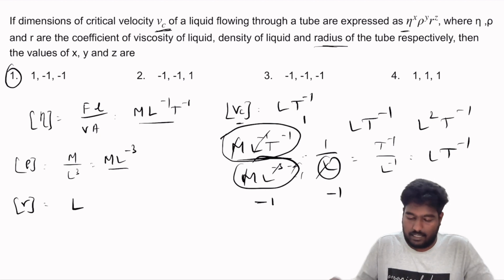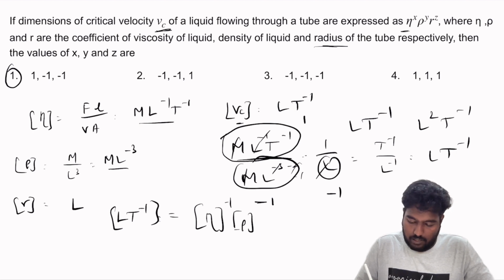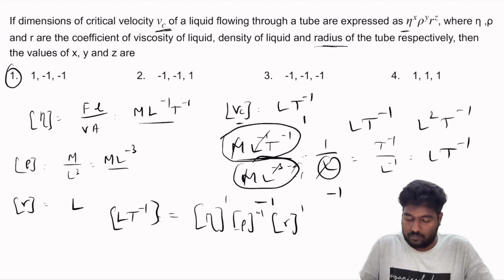So you can write this as L T^-1 equal to eta power 1, rho power minus 1, and radius power minus 1. So x is 1, y is minus 1, and z is minus 1. You can write it like this.